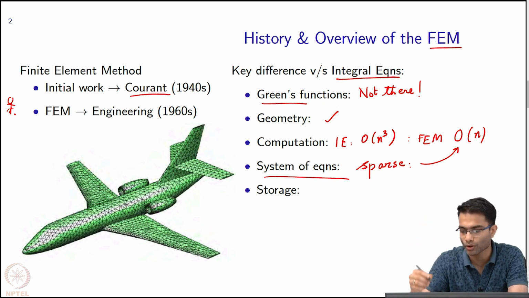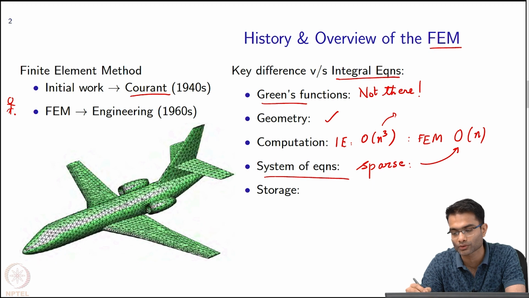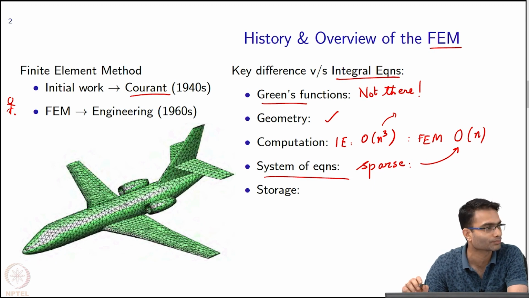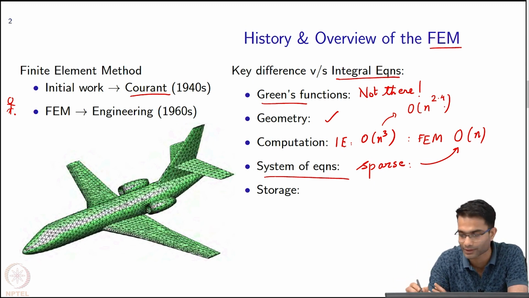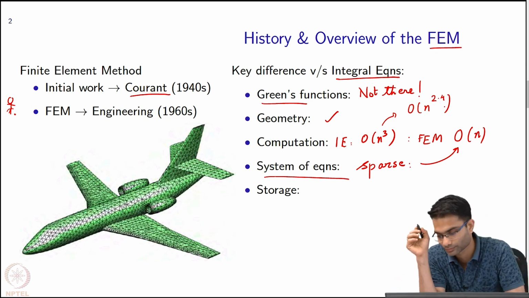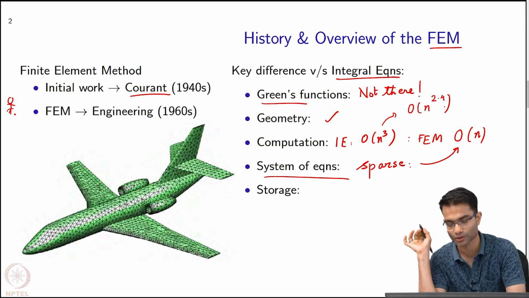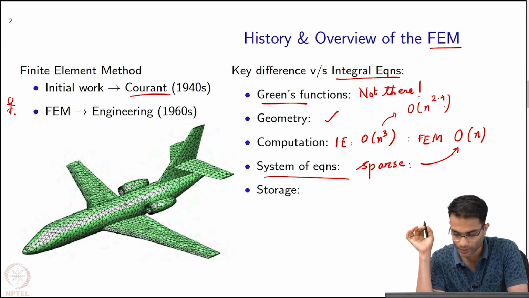I must point out this order n cube is for your textbook LU decomposition. The state of the art for this is something more like 2.4 roughly, a research level thing. Order n cube is textbook stuff, but you can do better, though not as good as order n.